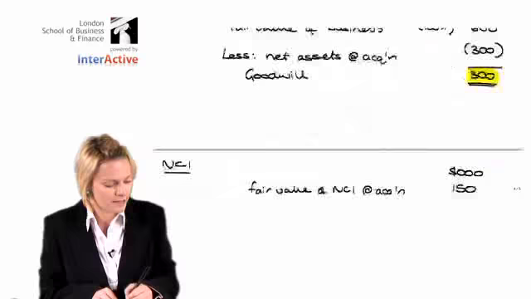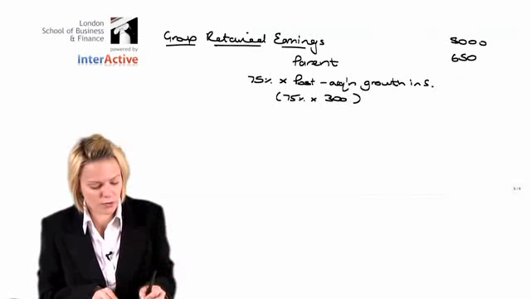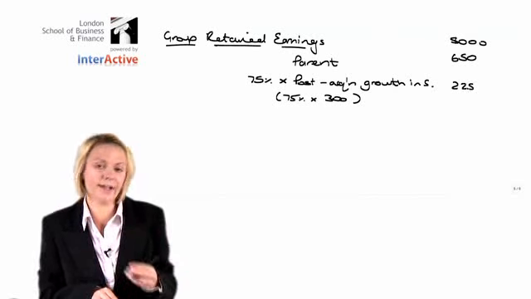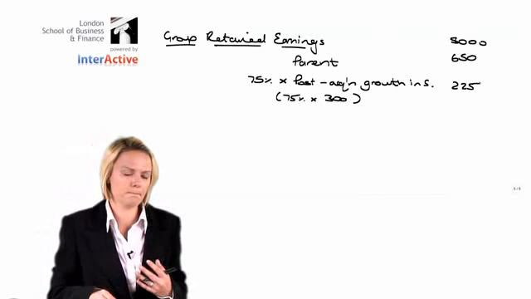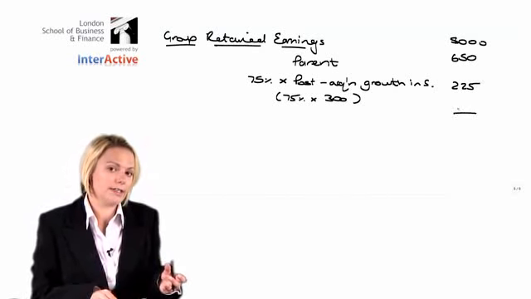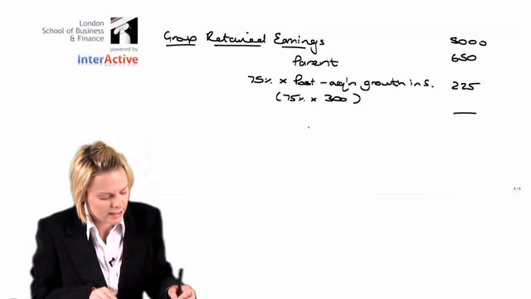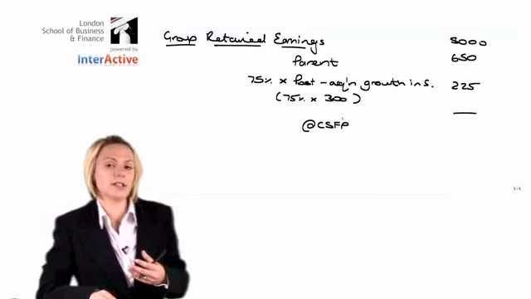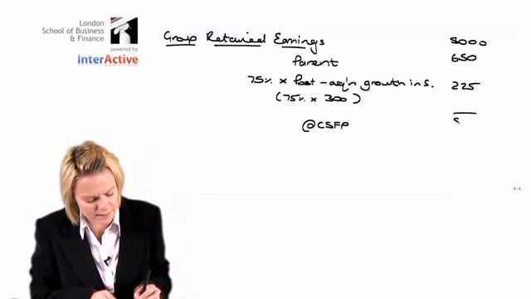So 75% of 300 will give us the other 225, which is going to increase the group's accumulated profits or retained earnings. And that's it. So again, this will only be 2 lines for now. So, retained earnings at CSFP at the 31st of December 2011 would be 875.